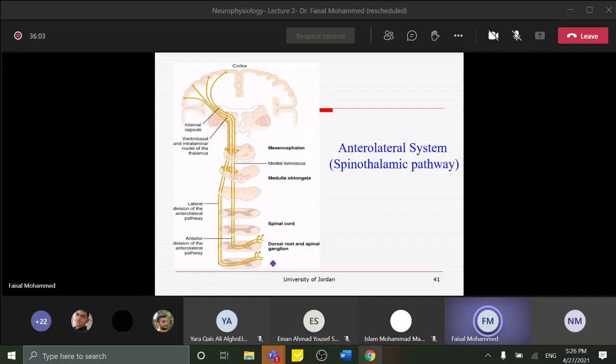It's coming from the receptors, of course. It enters the spinal cord, synapses in the dorsal horn, then it crosses the midline to the other side. So the first neuron synapses with the second neuron at the spinal cord, and it crosses to the other side. So the crossing is in the spinal cord and it goes to the thalamus. The same thing, ventrobasal complex, and there's another one, intralaminar, especially for pain.